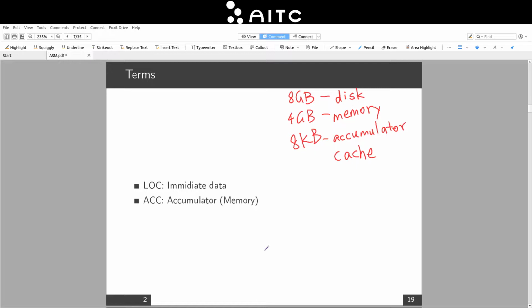The data in accumulator is easy to lose, and so does memory. But the data in the disk will still be here after shutdown.